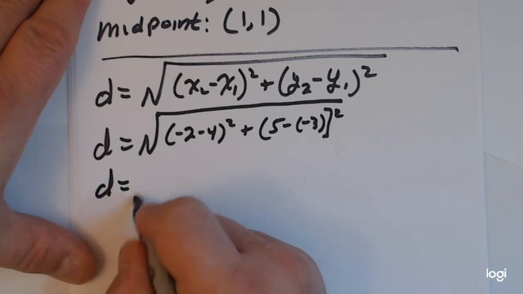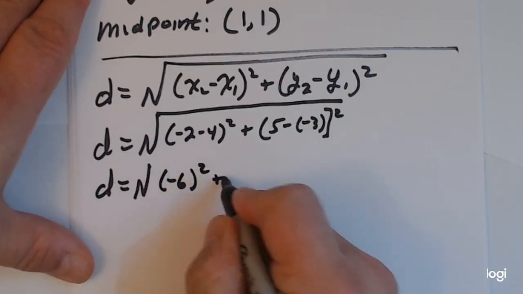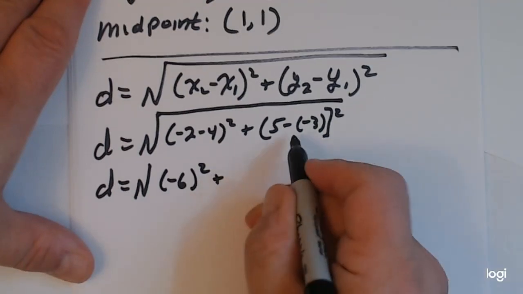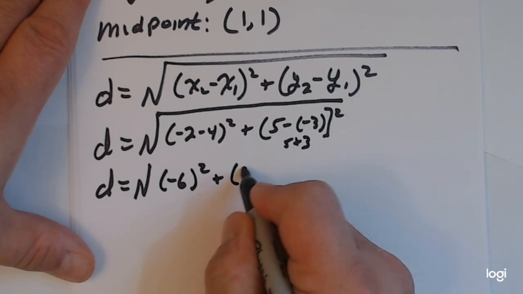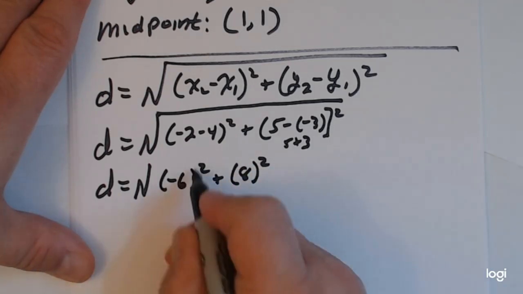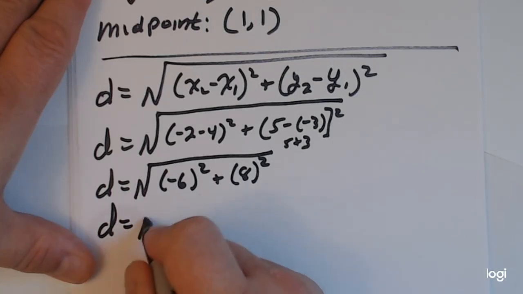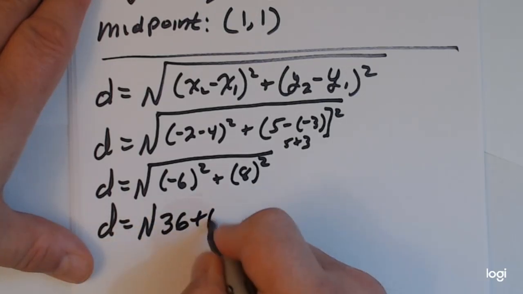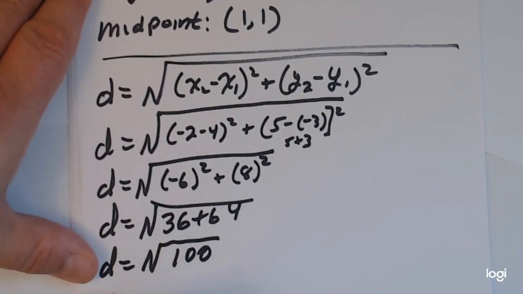So d is equal to the square root of negative 6 squared plus, well, this is 5 plus 3, so it's 8 squared. So d is equal to the square root of 36 plus 64. D is equal to the square root of 100. So d is equal to 10.